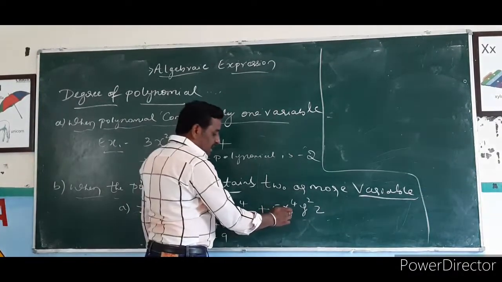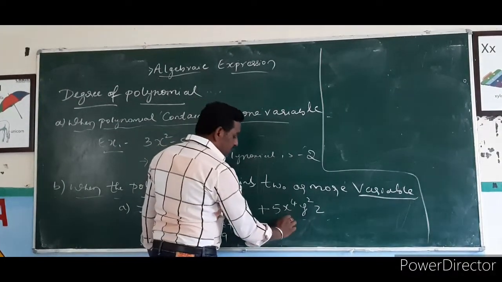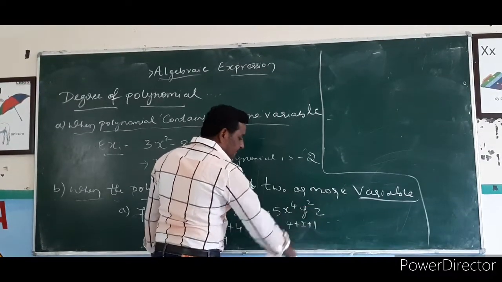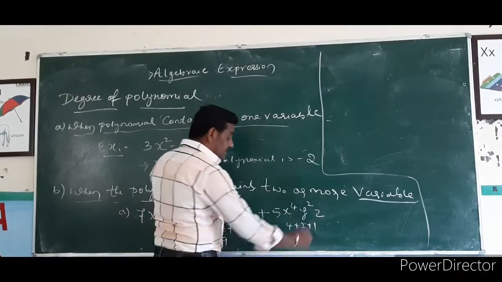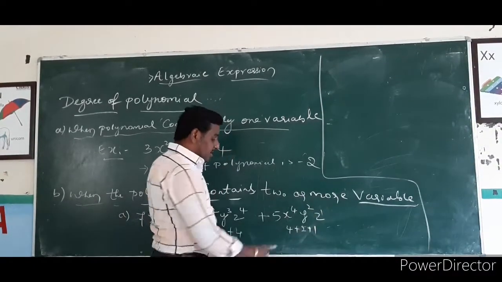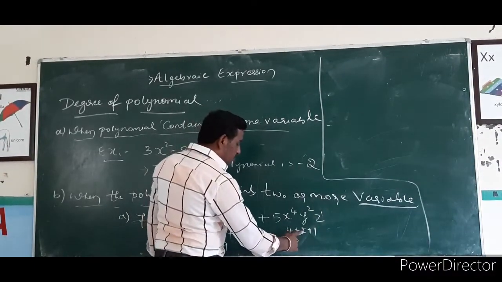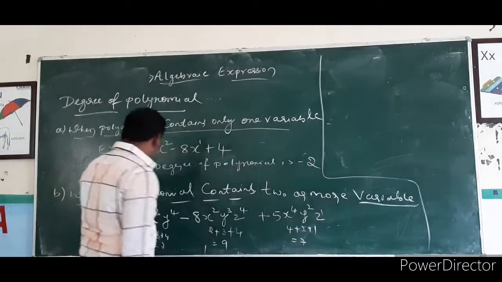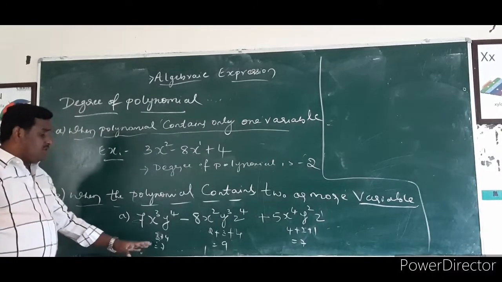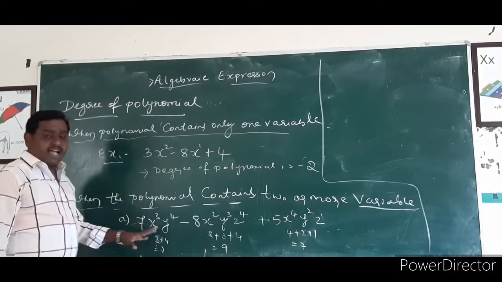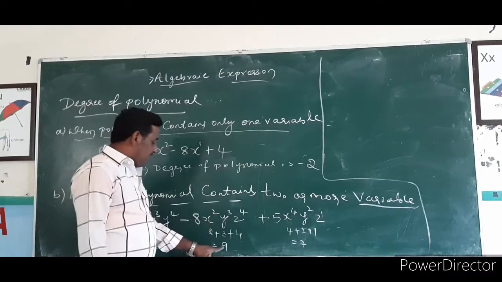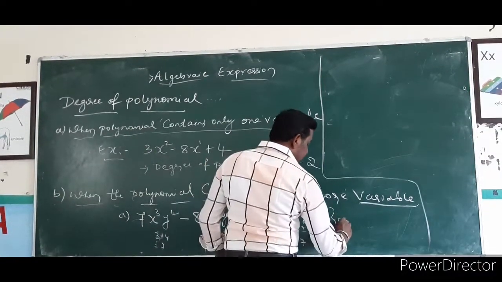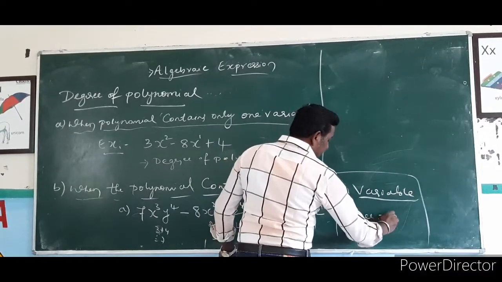In this third term, x power 4, y power 2, z power 1. Z power, nothing is written, means 1 is there. You can add 4 plus 2, 6. 6 plus 1, 7. So you check here which term has the highest number. Second term, 9. So that means the degree of this polynomial is 9.